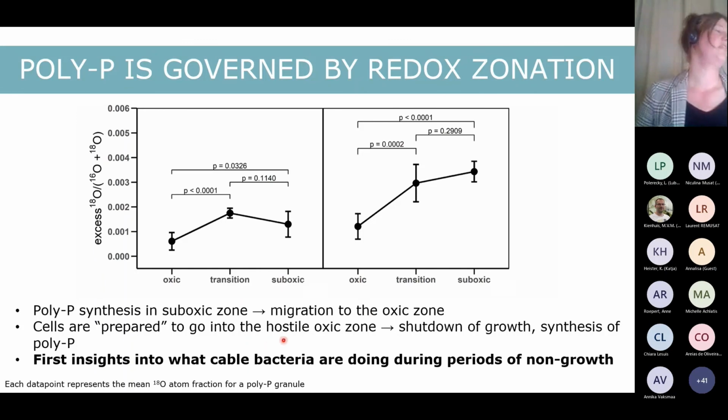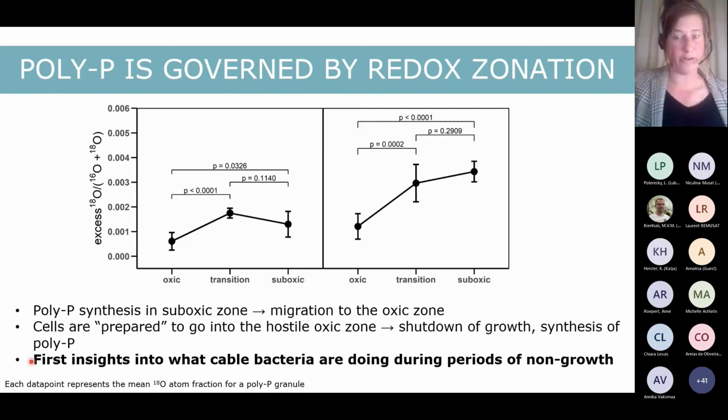Also in the suboxic zone, we see many filaments that didn't show growth, but did show polyphosphate synthesis. And this is the first insight into what cable bacteria are doing during periods of non-growth, which is a mystery for many bacteria.